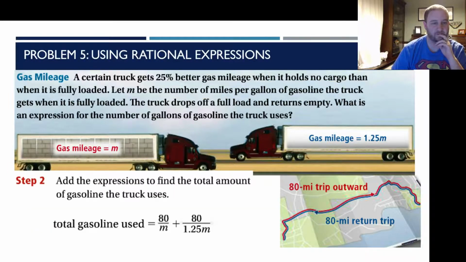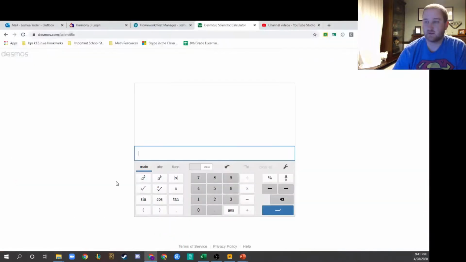1.25 M. Okay, now to do this, obviously we need common denominators. All we need to do here is multiply the first fraction by 1.25 on the top and bottom. So on the bottom, we're going to have 1.25 M. Now we need 80 times 1.25. Some of you can probably do that in your head, right? But let's go ahead and just do this in the calculator.